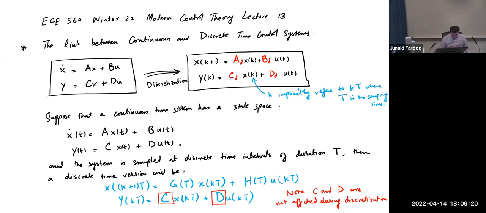So okay, now if the continuous time system is eventually converted to a discrete time system as follows, then let's start by solving the continuous time system first, and then trying to compare it with the discrete time system. So we will start with the solution of the continuous time system.